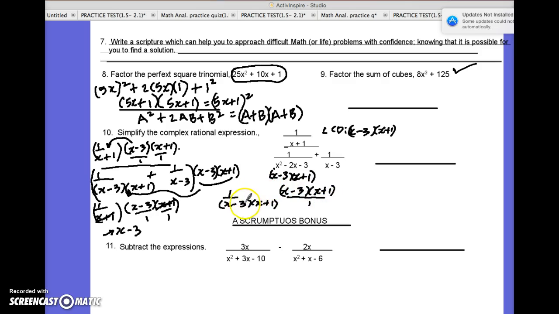This is a times here, so x minus 3 will cancel x minus 3, 1, 1, and x plus 1 will cancel x plus 1, 1, 1, like this. So we end up with 1 times 1 times 1 over 1 times 1 times 1, that is 1.